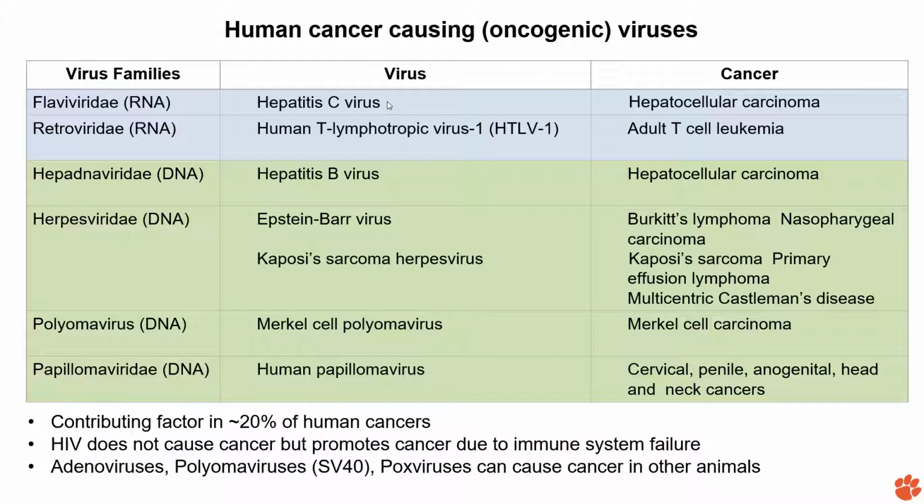Then those cells receive oxidative damage from reactive oxygen species, so their DNA is damaged. Normally if you have DNA damage the cells should die, but they still cannot die, and that can lead to cancer as well.